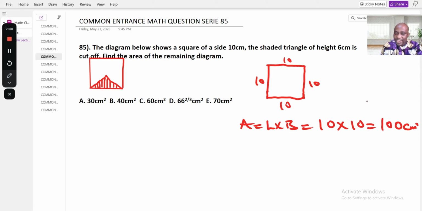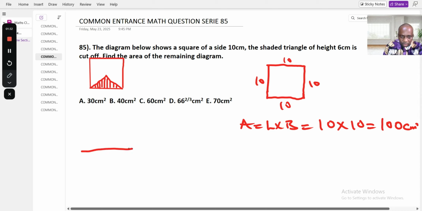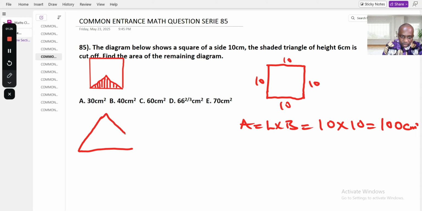Now, this is the area of the total square. But the question said that we are going to cut out something, which is a triangle. The triangle inside the square, we are going to cut it off. Now, let me redraw this one. Let me just draw the triangle out. This is the triangle inside the square, isn't it?